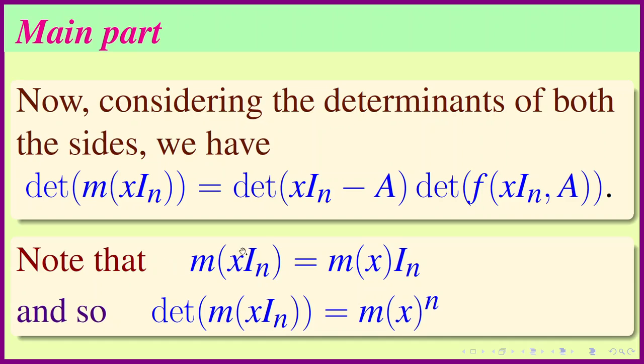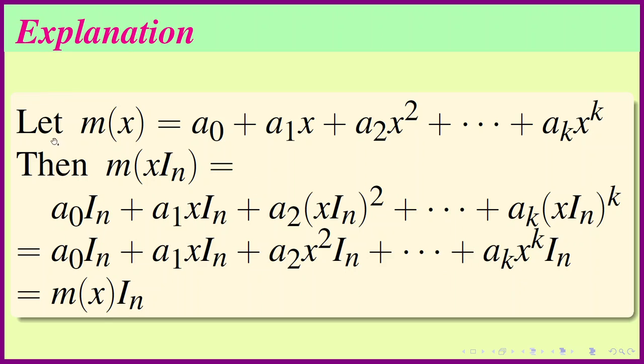Now how is this possible? An explanation is given here. Suppose we write M(x) equal to a0 plus a1x plus a2x squared plus and so on, up to ak x to the power k.